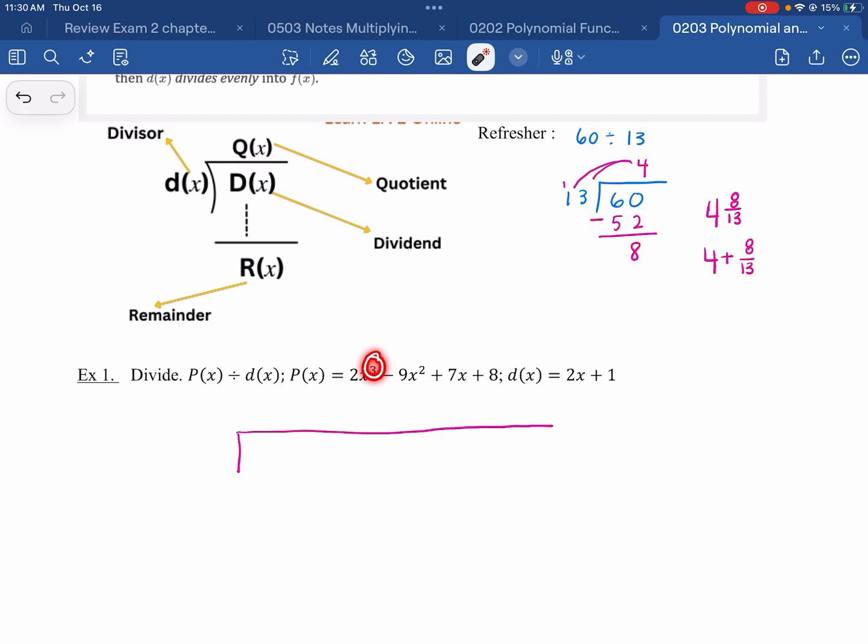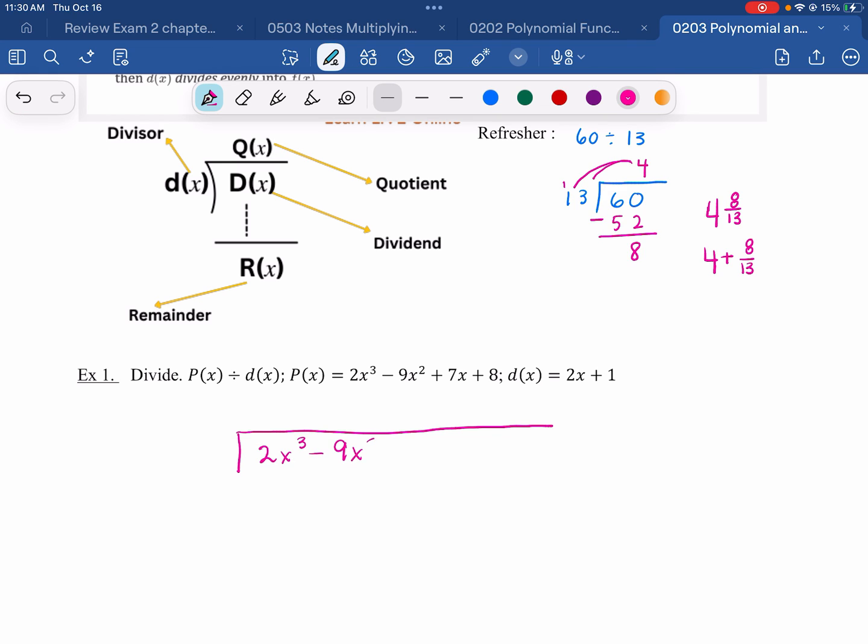So this one goes 3, 2, 1, and then our constant. So we're good. That one's in proper order. So I'm doing 2x to the third minus 9x squared plus 7x plus 8. My divisor is what I'm dividing by, and that's 2x plus 1.